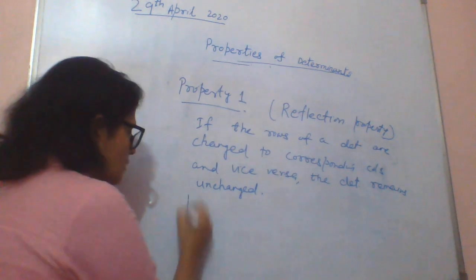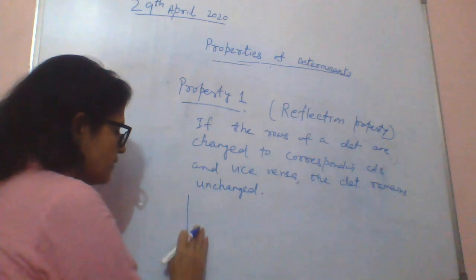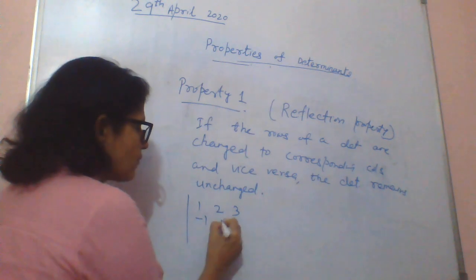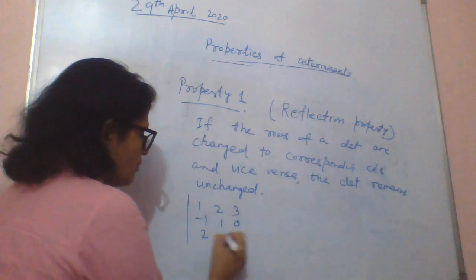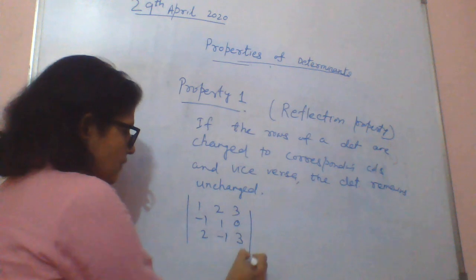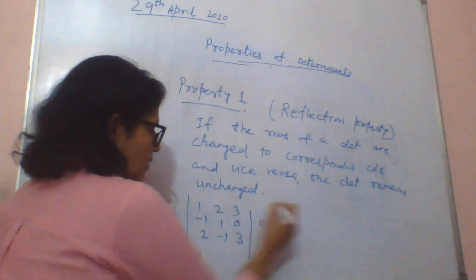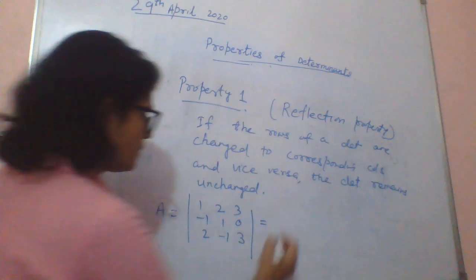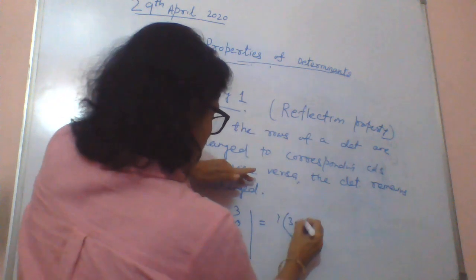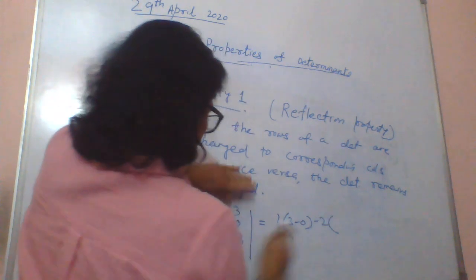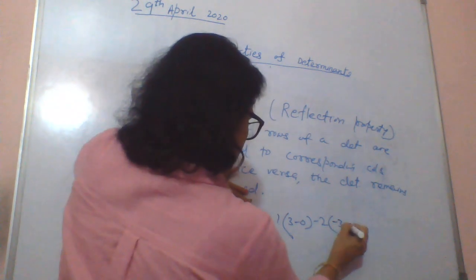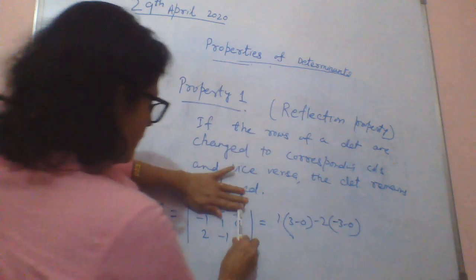So it means we are actually taking what? Suppose I take 1, 2, 3, minus 1, 1, 0, 2, minus 1, 3. Now this is the determinant A. If I evaluate this, it is 1 into (3 minus 0), minus 2 into (minus 3 minus 0), plus 3 into (1 minus 2).